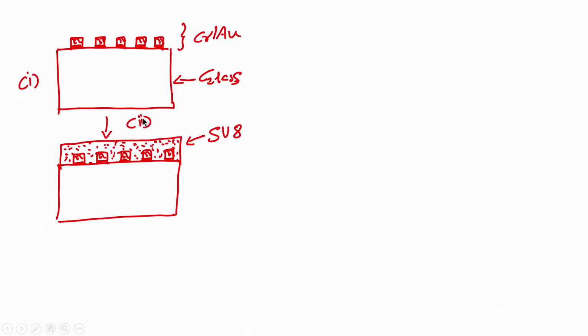Step 2 would be to spin coat SU8 onto the wafer, right. Next step. So, what is SU8? SU8 is a negative photoresist. All right. So, after you spin coat SU8, step number 3 would be soft bake.